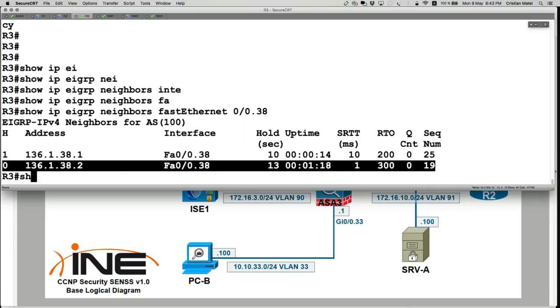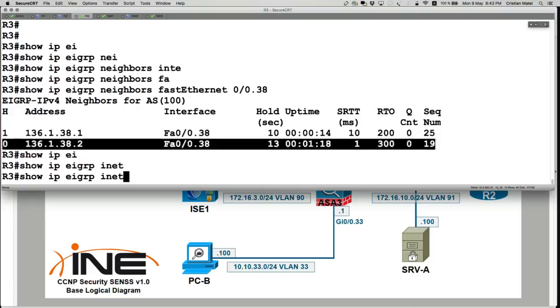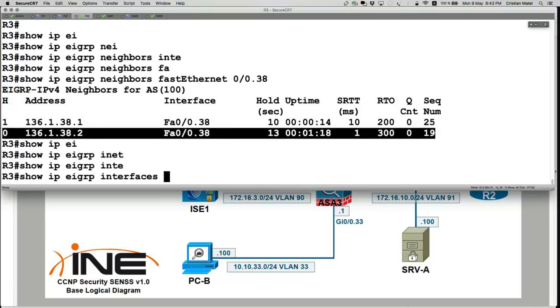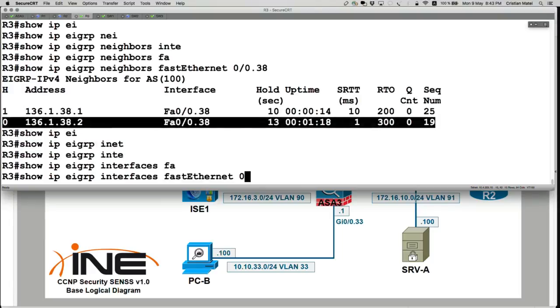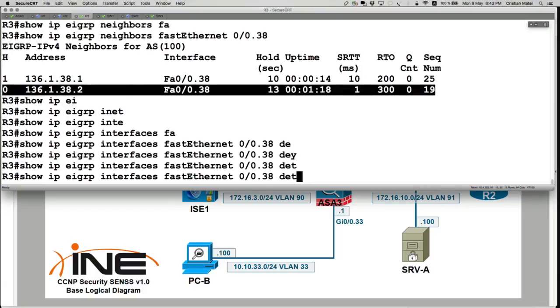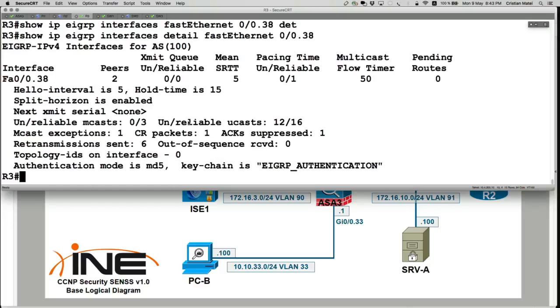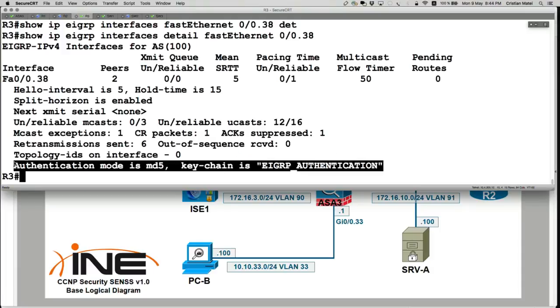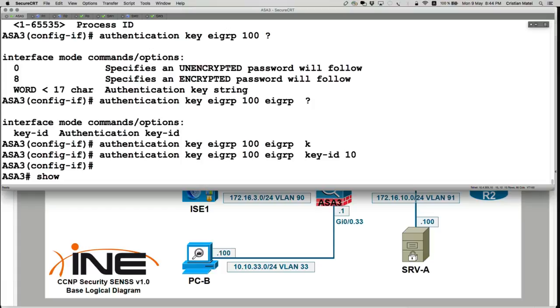And if you say show ip eigrp interfaces Fa0/0.38 detail, the detail option is before the interface. It's going to show that on that interface I have authentication on of type MD5, and that's the keychain which is being used.